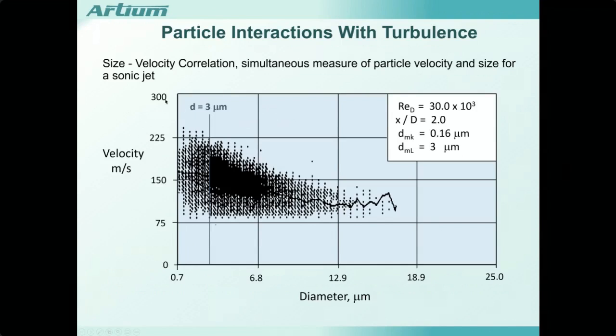Well, in this case, we have a free jet. It's a sonic jet, and the Reynolds number is about 30,000. I'm showing here the individual velocity measurements versus the particle diameter. I looked at about 0.7 micron size particles all the way up to about 15 microns.